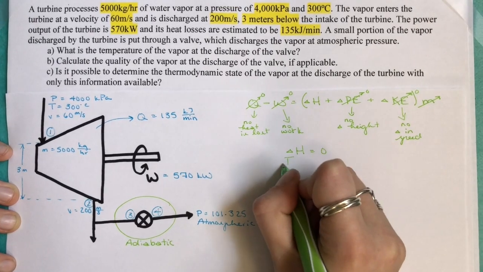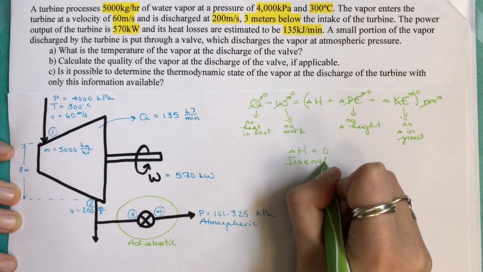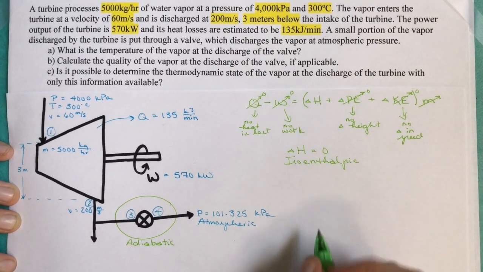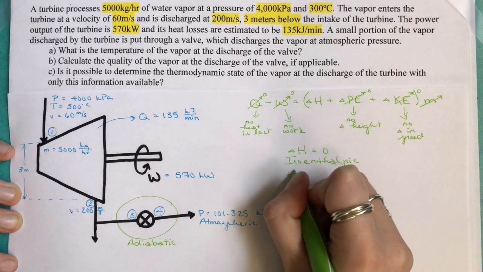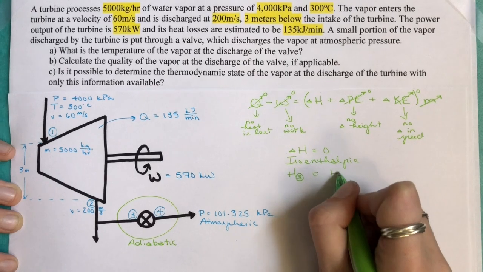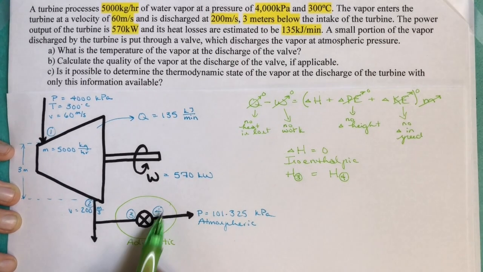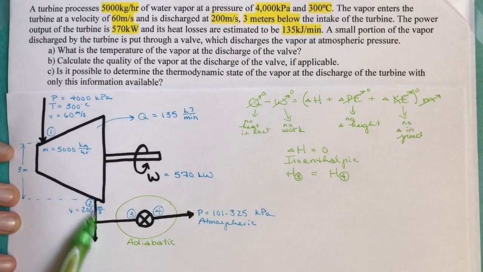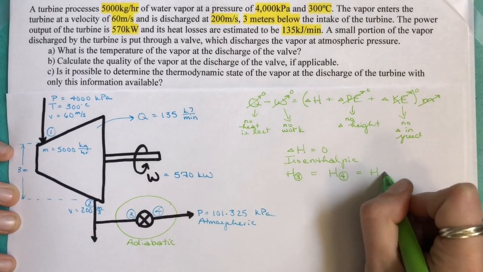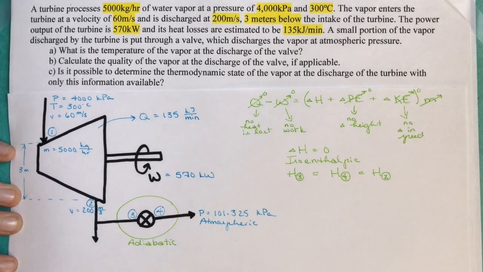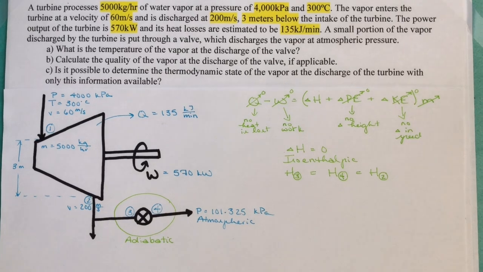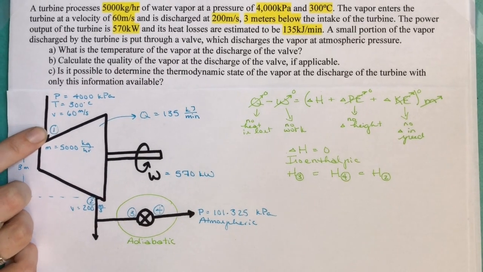This means that this valve is isoenthalpic, which means that the enthalpy does not change. Therefore, the enthalpy at position 3 equals the enthalpy at position 4. And because we're not told that any processes occur here, we also know that this equals the enthalpy at position 2. At this point, we're going to try to calculate the enthalpy at position 1, up here.